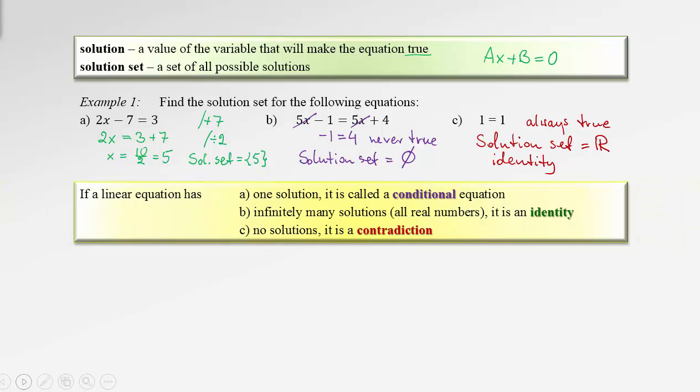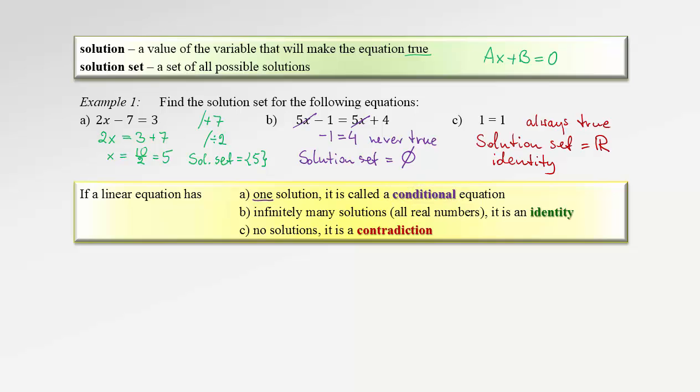And let's summarize our cases. If our linear equation has exactly one solution, such an equation is called conditional. Like example A, this is a conditional equation. This equation is true under the condition that x is equal to 5. If x is equal to any other value, the equation won't be true.